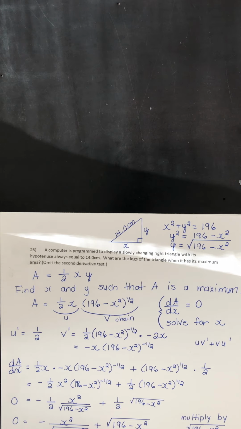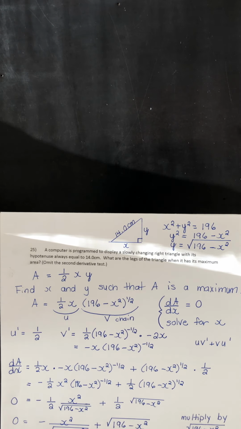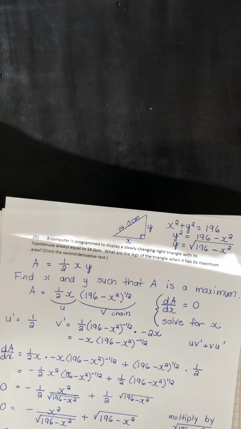Therefore, x squared is 98. And x is the square root of 98.